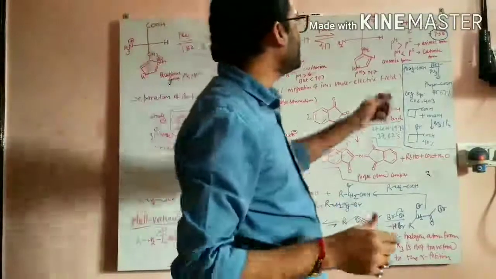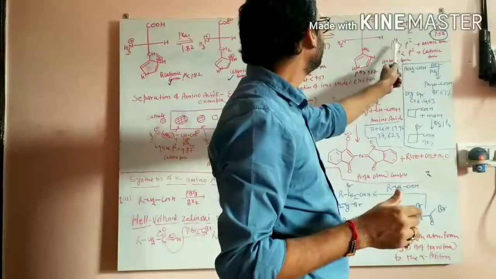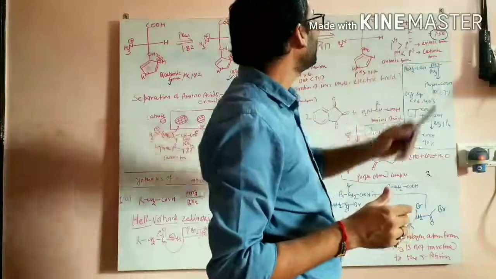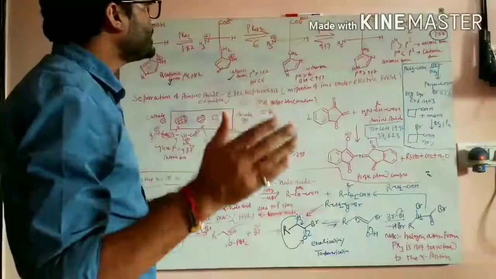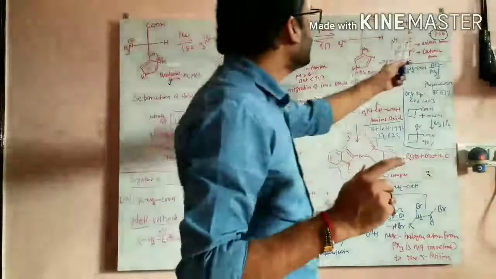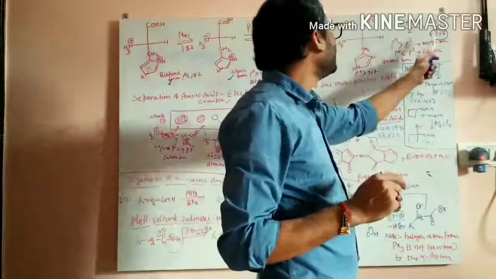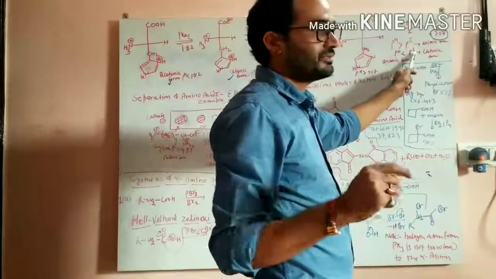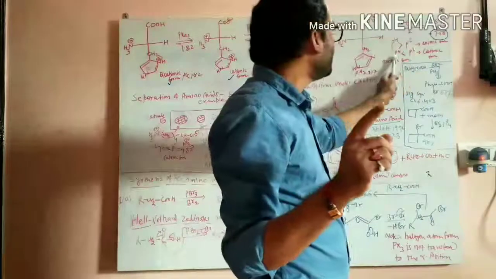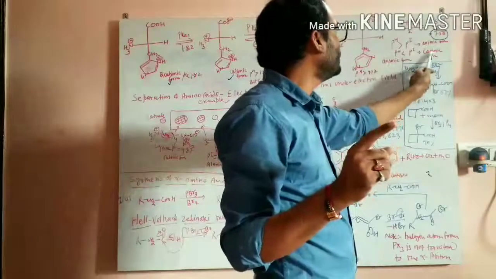When pH is greater than the pI, the anionic form will exist. So the pI is greater than the pH, meaning when the pH is less than pI, the cationic form will exist.